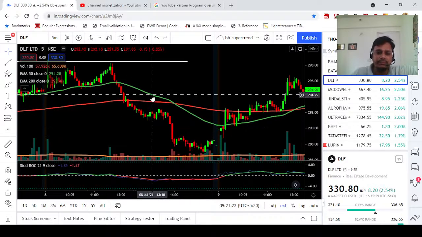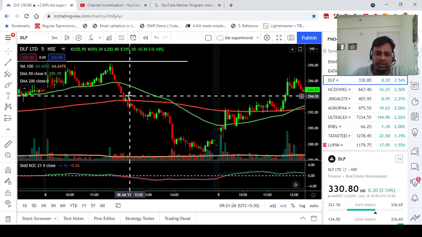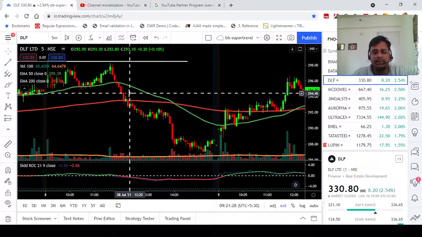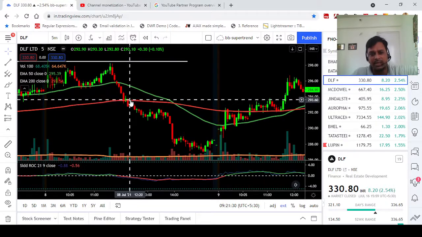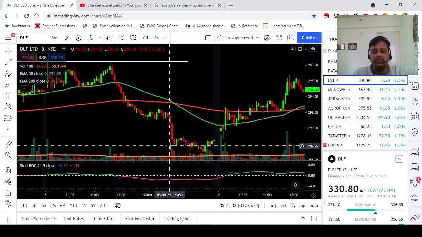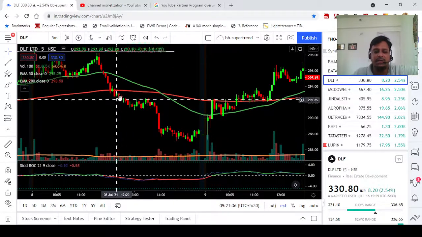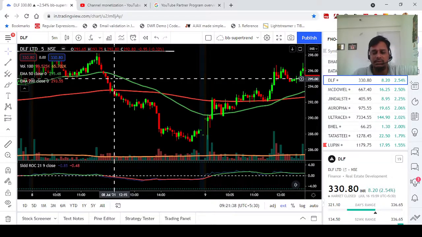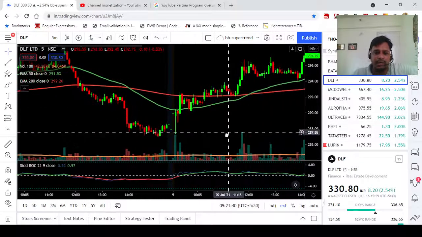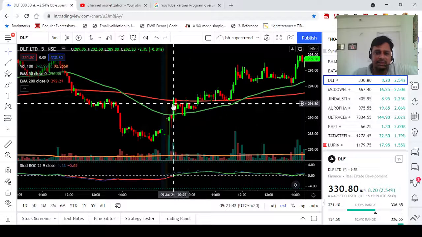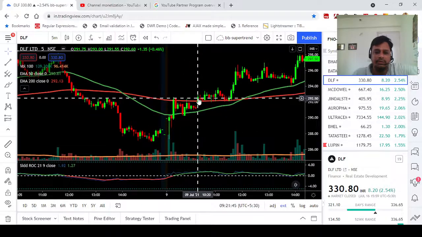What will you do? Take a stop loss of 1% from the 200 moving average, and make a short position. What is your target? 2.5 to 3%. And what is your stop loss? 1%.